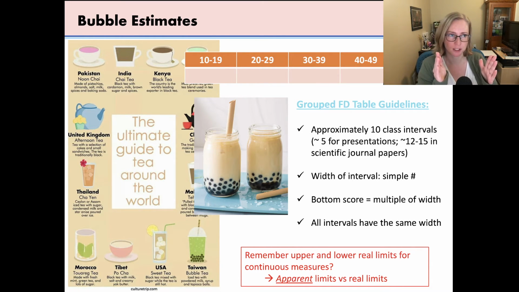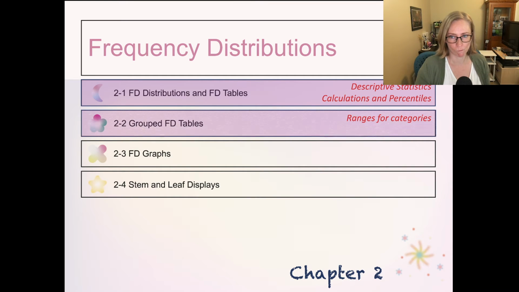So it would be 60.5 to 61.5 is the real limit for a value that we call 61. This is not quite the same thing, because these are apparent limits versus the real limits in continuous measures. So just make sure that you keep those separate. Okay.